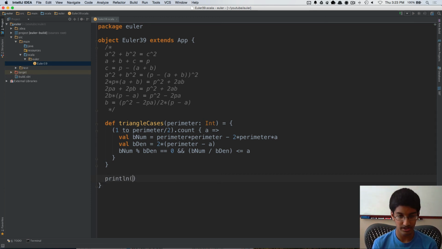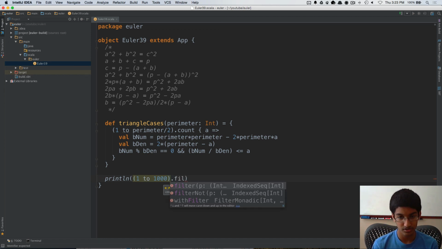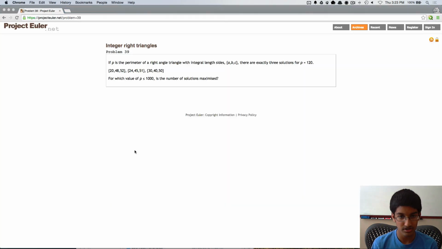Now we can println. All we need to do is go from 1 to 1000. This is all of the cases for our perimeter. I need to find the value of P for which the number of solutions is maximized.